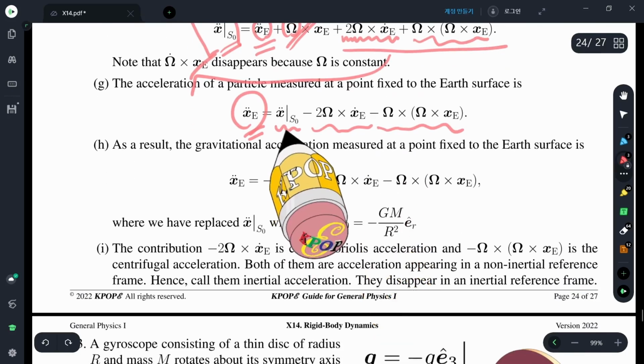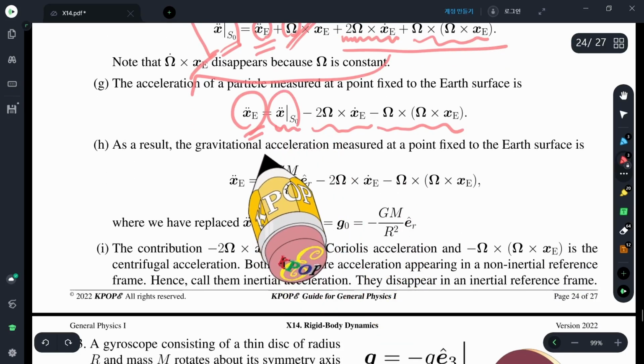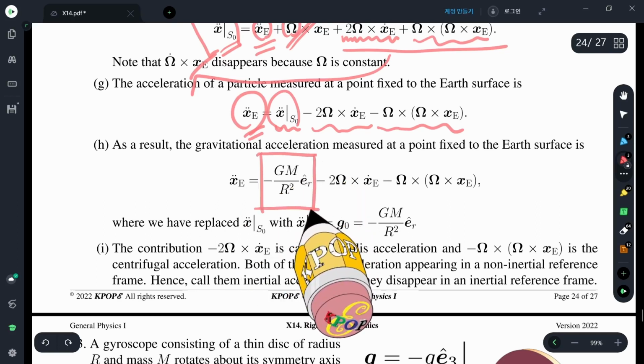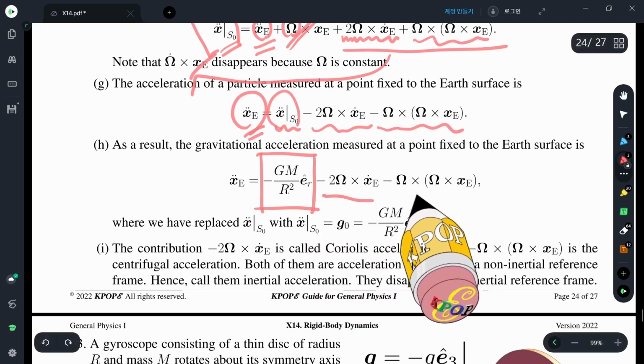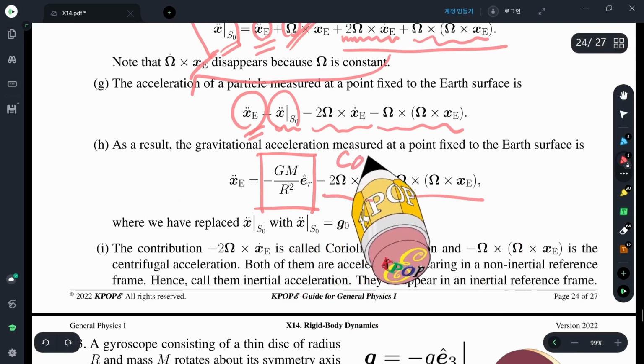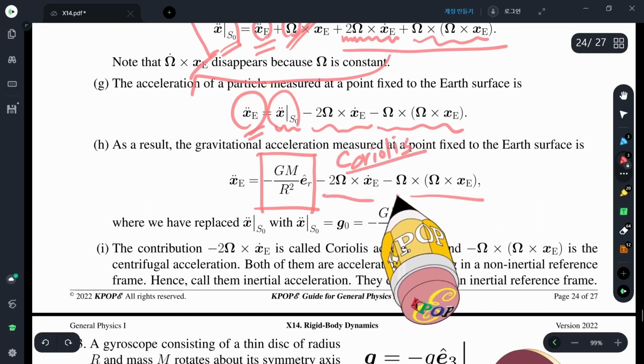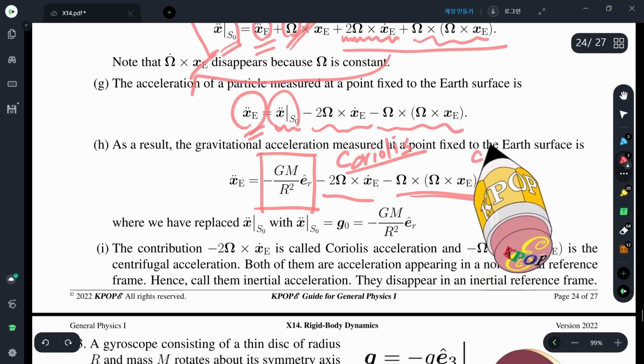We find this inertial frame measurement is identical to the gravitational acceleration measured in the case the Earth is not rotating. The other 2 pieces are called the Coriolis acceleration, and this is the centrifugal acceleration.